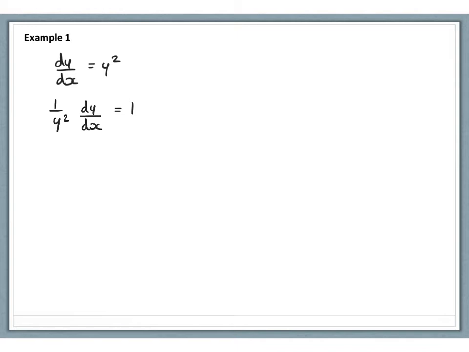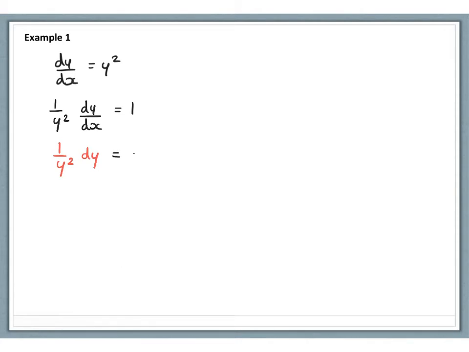Now, the next step that I'm going to write down isn't really proper maths. It's a shortcut that we write down, or sometimes write down. We don't have to include it. So imagine I have 1 over y squared dy, and I multiply both sides by the dx.